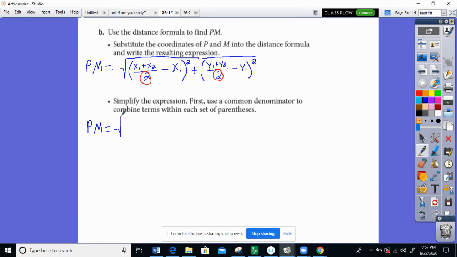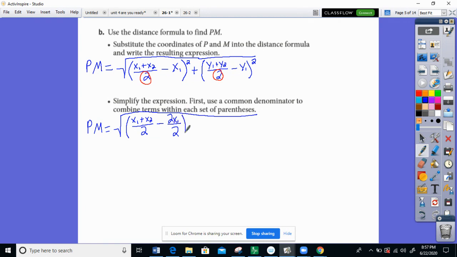So for our first fraction, this is still going to be (x1 plus x2) divided by 2. That's the x value of point M. But we want to have a denominator of 2 for this x1 term. If we multiply the denominator by 2, then we better multiply the numerator by 2 as well.